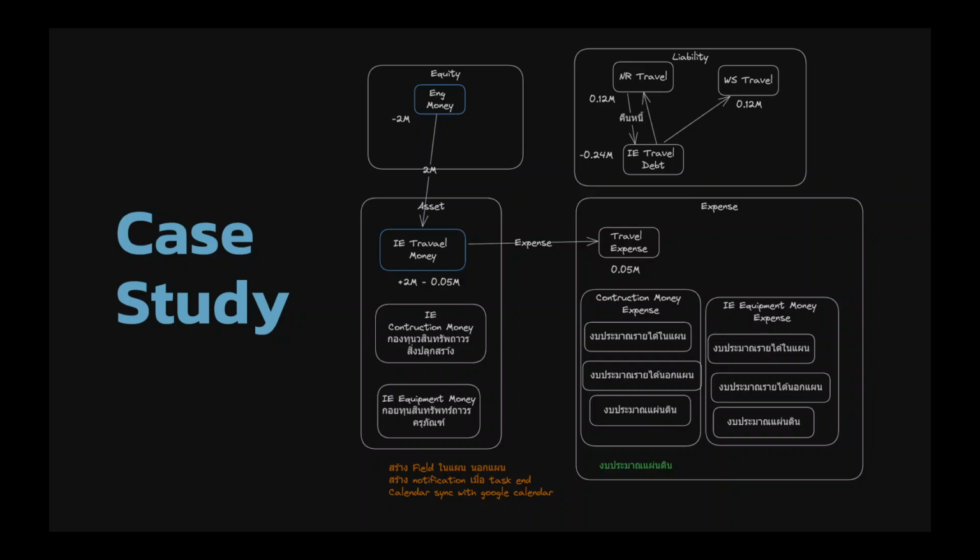Whenever my allocation is gone, this is 0, and my money is also 0. That's something you have to design if you want to go on that route. That's what we did for the travel allocation.